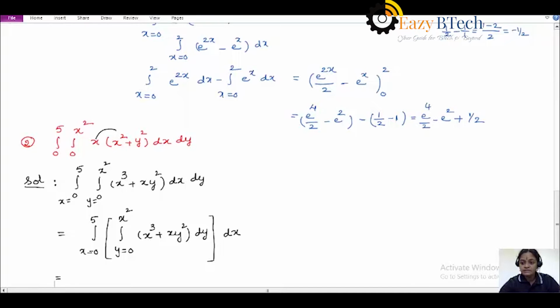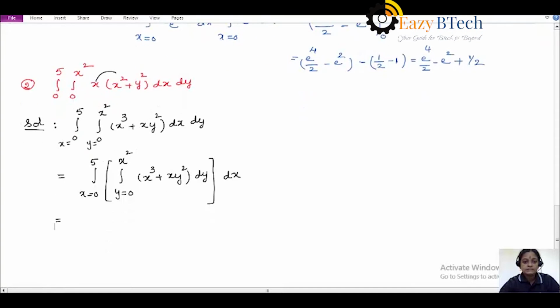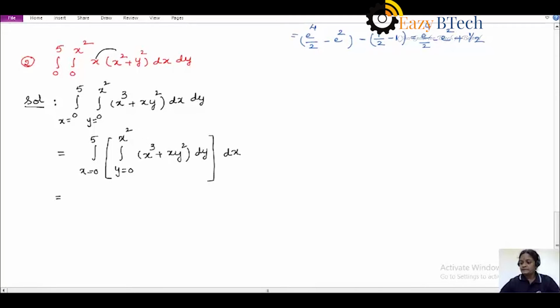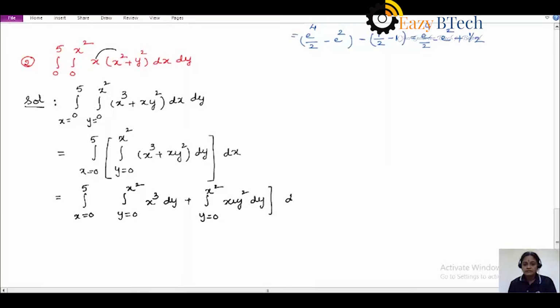Now doing the integration. The first term is x cubed. But here we are doing integration with respect to y, so x cubed is common: integral x is equal to 0 to 5, then integral y is equal to 0 to x square of x cubed dy, plus integral y is equal to 0 to x square of xy square dy, and then dx.